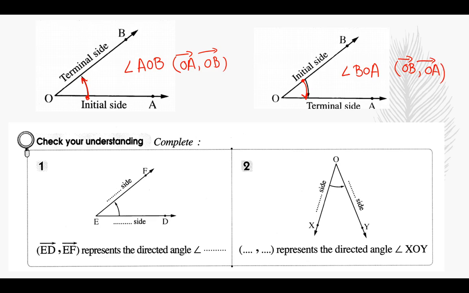Example, check your understanding, complete. Here it is given to you that ED is the initial side and EF is the terminal side. Represent the directed angle. ED is the initial side, and EF is the terminal side.